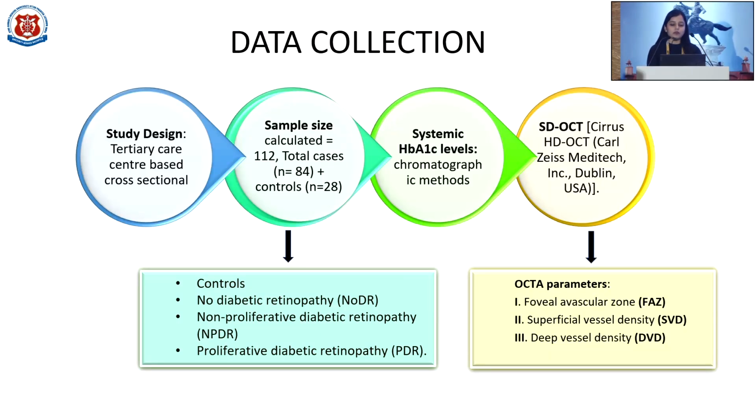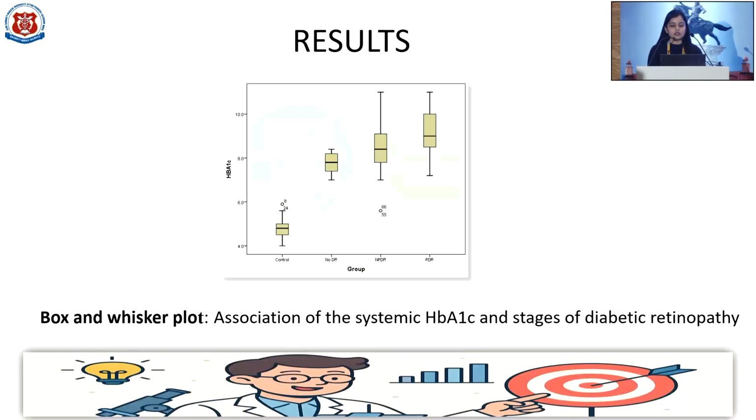The total sample size was 112 and it was divided into 4 groups: controls, no diabetic retinopathy, non-proliferative diabetic retinopathy and proliferative diabetic retinopathy, with each group having a sample size of 28. The systemic HbA1c levels were measured with chromatographic methods, and the OCTA parameters measured were foveal avascular zone, superficial vessel density and deep vessel density.